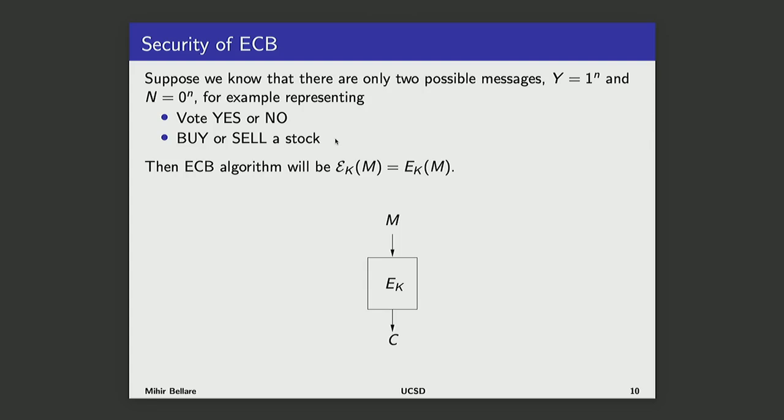But whatever it is, the privacy requirement is exactly that nobody should know whether you're voting yes or no. It's not that they shouldn't know that you're voting. So everybody knows that you will be voting either yes or no. The only question is which. So let's consider that kind of setting under ECB. Well, first off, the encryption algorithm will simplify to just be an application of the block cipher.